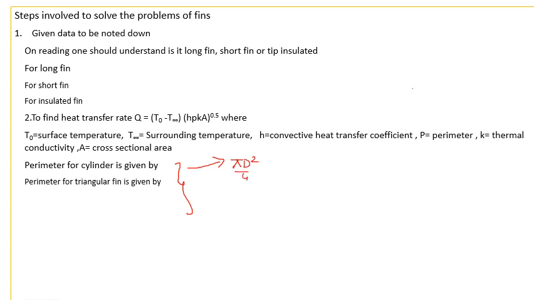If it is a triangle, which is very rarely used in fins, it is given as root 3 by 4 into s square. Any other shapes we can use accordingly. So that is the cross-sectional area one should remember, and the shape plays a very important role to check in the case of heat transfer.